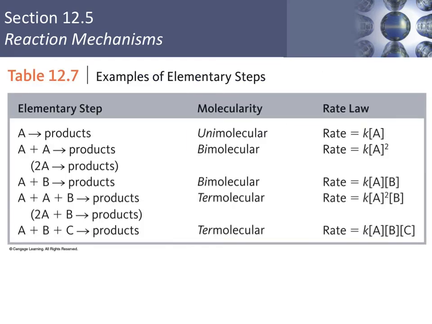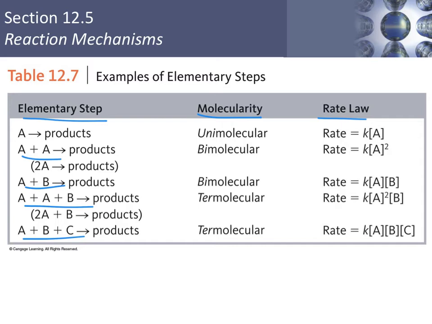This table summarizes the elementary steps, the molecularity, and then the rate law that results. Notice for bimolecular, you have a couple of options: two of the same reactant or two different reactants. And the same thing applies for termolecular, two reactants or three different reactants.